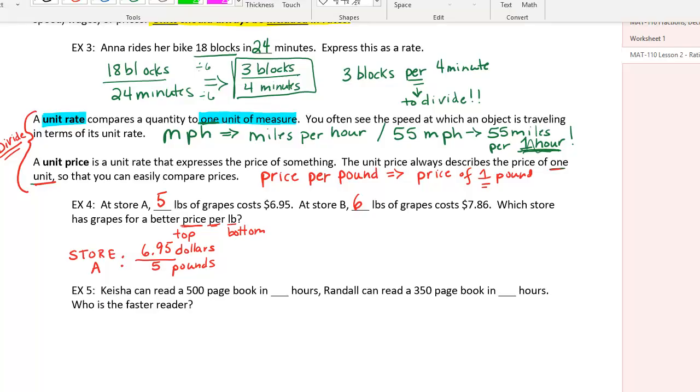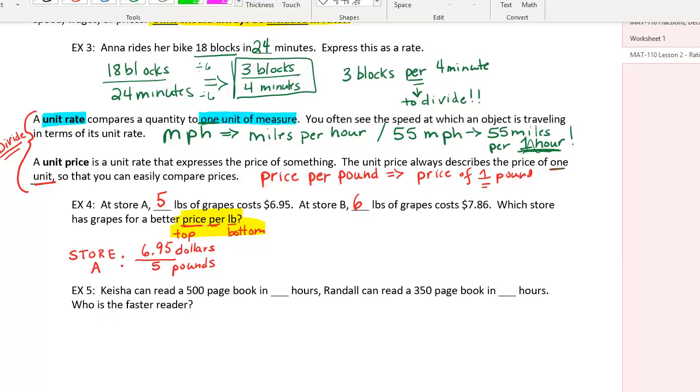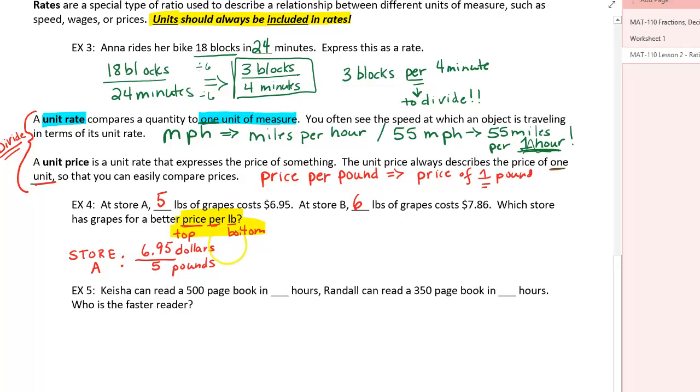And let me go ahead and highlight this as well, because that's a clue as to which one's going to go on top, which means that one's going to go in the calculator first. So in your calculator, you would enter 6.95 divided by 5, and you're actually going to get 1.39. So that is the cost, $1.39 per 1, again, there's that 1 pound.